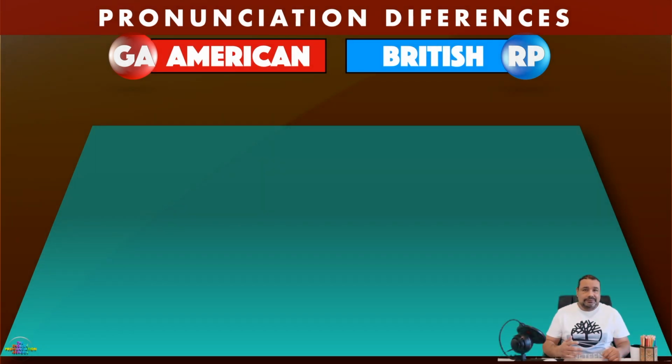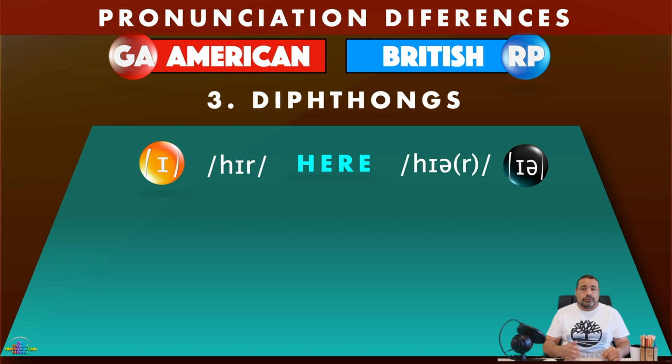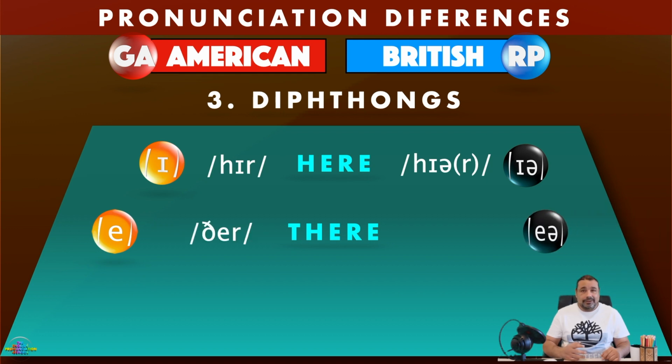Number 3. These varieties also differ in the use of some diphthongs. While in America you say "here," in British you say "here." Second, "there" in America, but "there" in British.